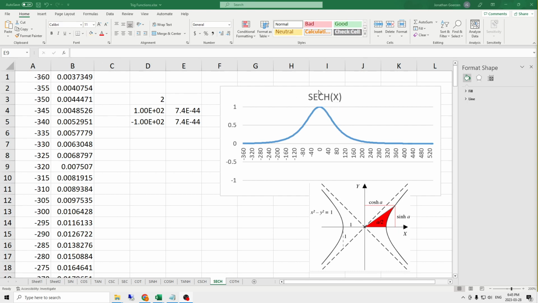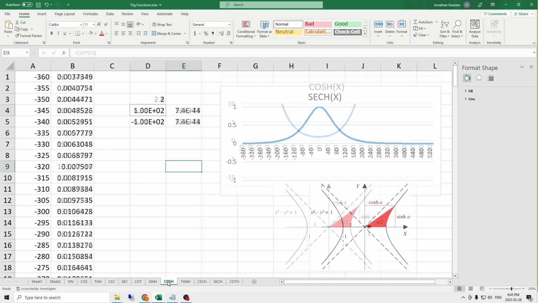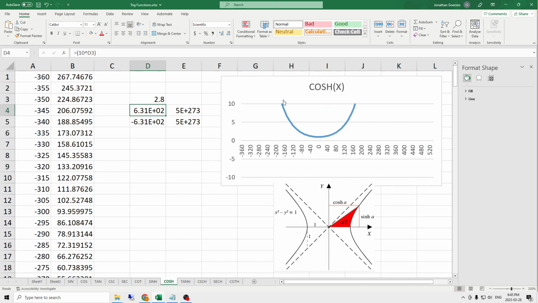The hyperbolic secant function takes an input argument, assumed to be in radians, and outputs the hyperbolic secant of the corresponding angle. The hyperbolic secant is the same as 1 divided by the hyperbolic cosine, which means that we can get some information about this graph by looking at the hyperbolic cosine, which is a kind of upside down bell shape that approaches 1 when the input is 0 and then explodes as it goes out to infinity.